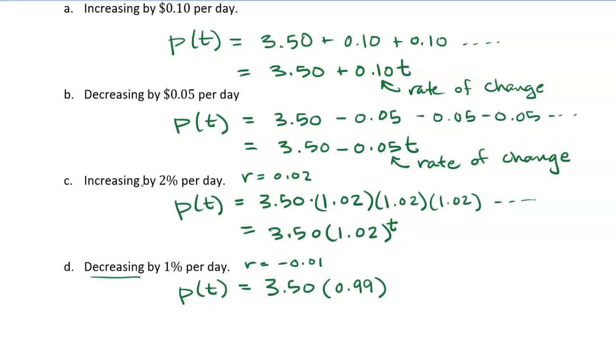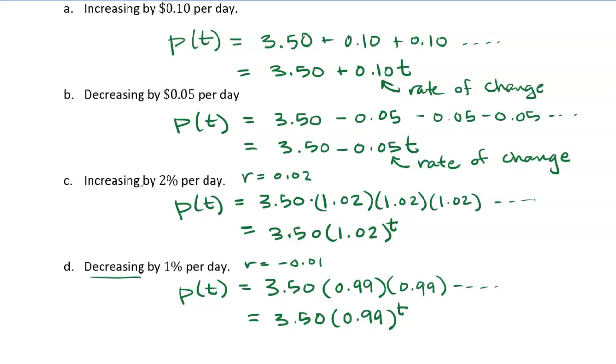All right, so the first day, the price is 99% of what it was the day before. And then the second day, we would take that price and multiply by another 0.99, and so on. So the price of gas, if it's decreasing by 1% each day, is just going to be $3.50 times 0.99 to the t.